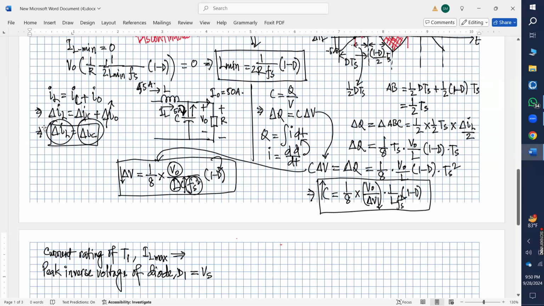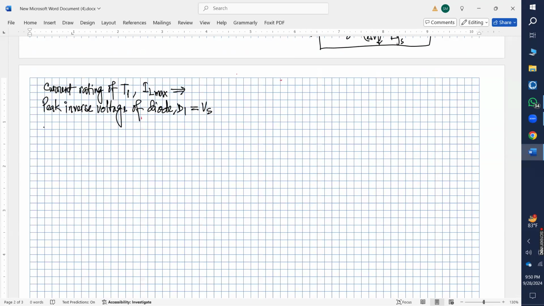So for the buck converter, what is happening here is that we have a switch here, then we have a diode, then inductance, then capacitor, then resistor.